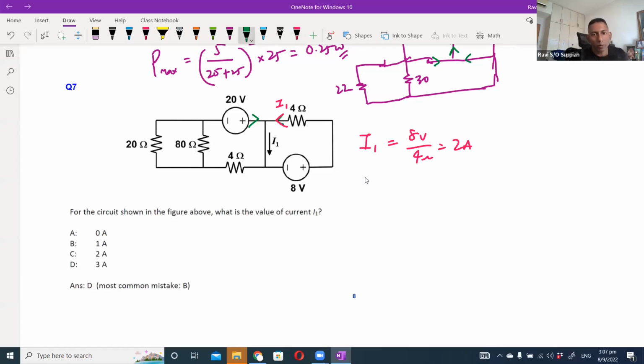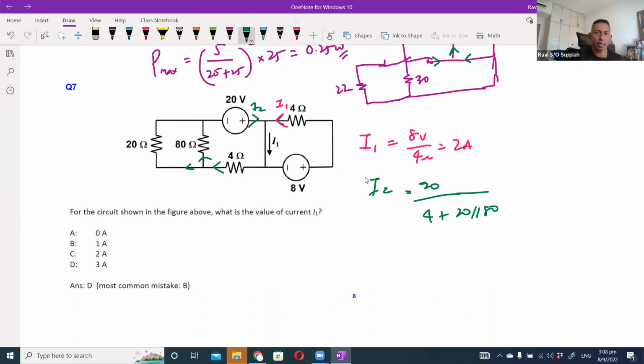And for this 20 volt supply, the current that flows will be a result of that supply and the other remaining resistors. So I2 will be equal to 20 over 4 plus 20 parallel 80, because the current that comes through here will split into 20 and 80.